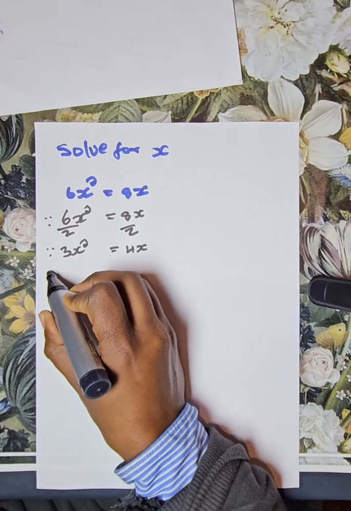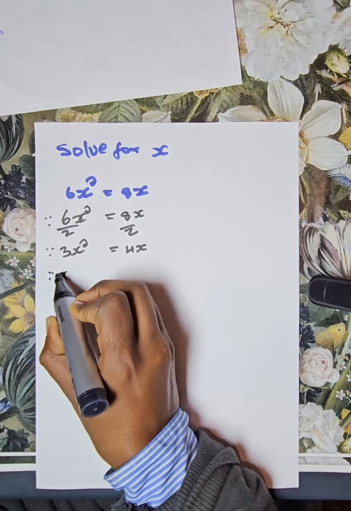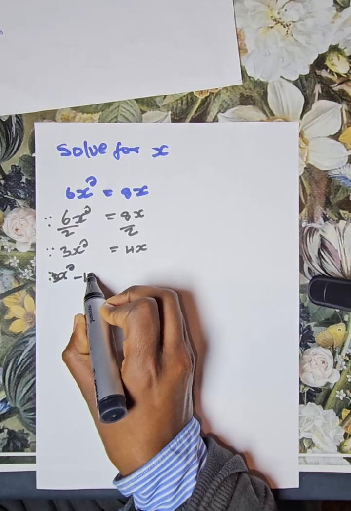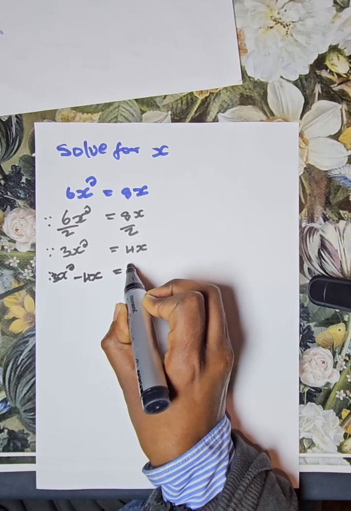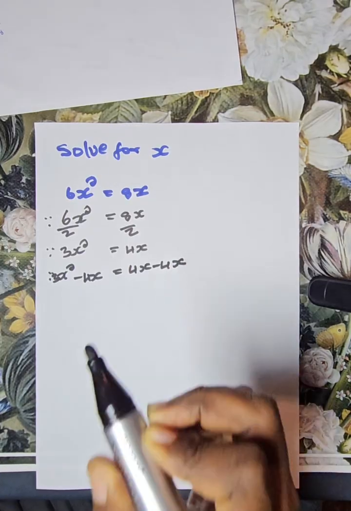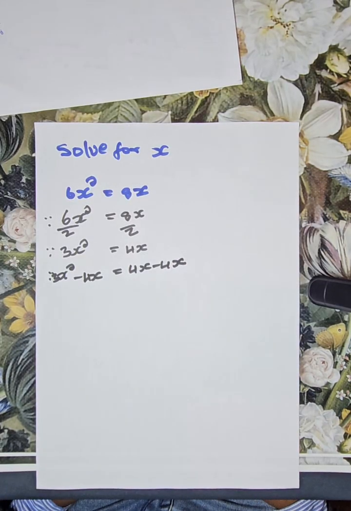Now our next step is to rewrite this expression in standard form. When we say standard form, it means we must put the whole equation equal to 0. We're therefore going to get rid of the 4x on the right side of the equal sign. How?